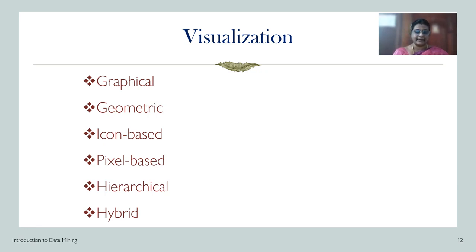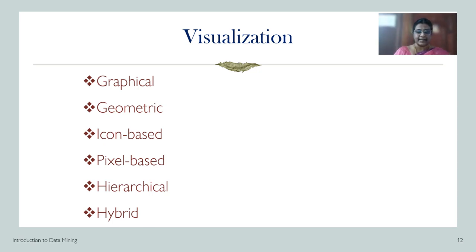Pixel based technique: with this technique, each data value is shown in a unique color. It is used mostly in medical image processing. You can segment the area where an abnormality is present, and that can be given a different color.